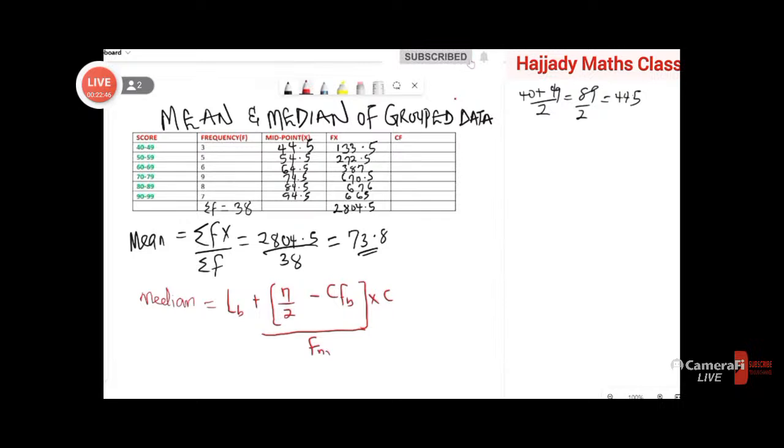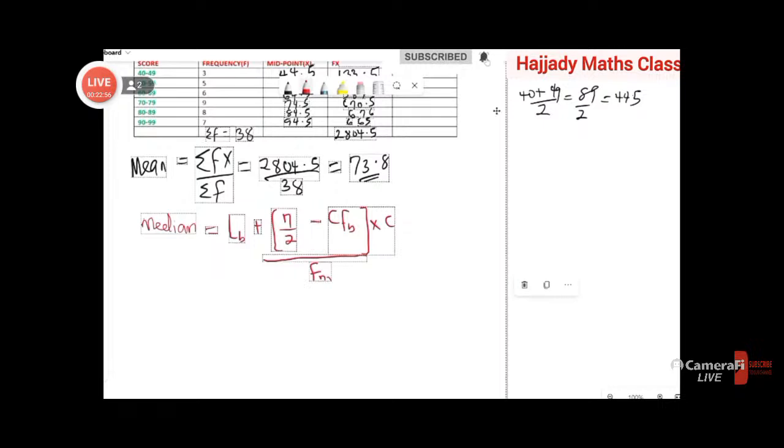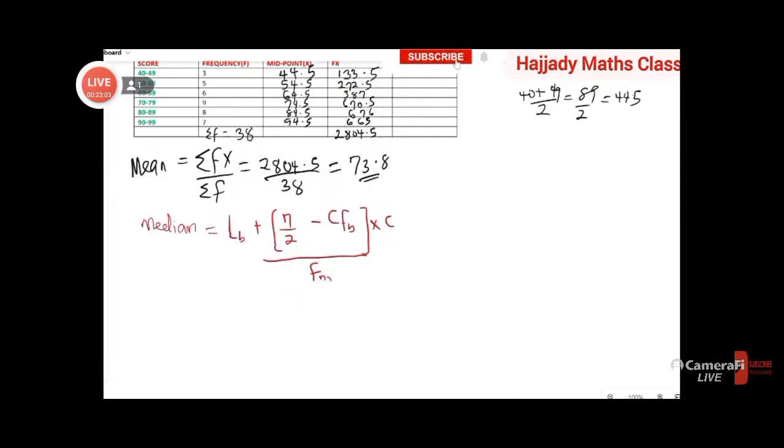Now, I'm going to say the meaning of all this. Here we have that our L subscript B is the lower limit of the median class.